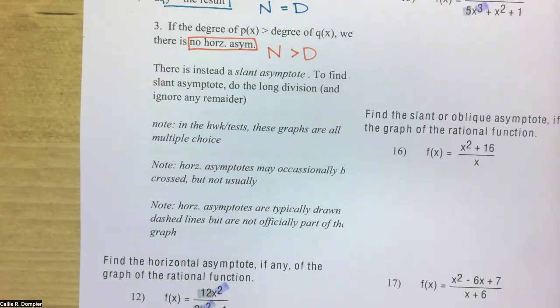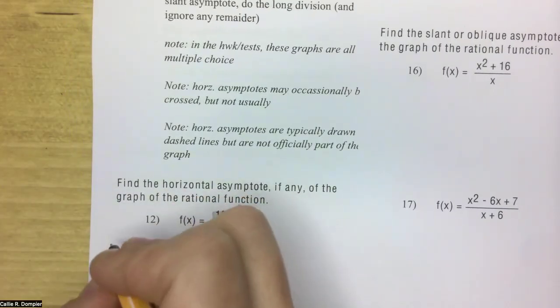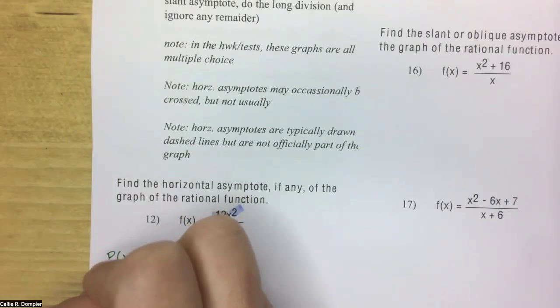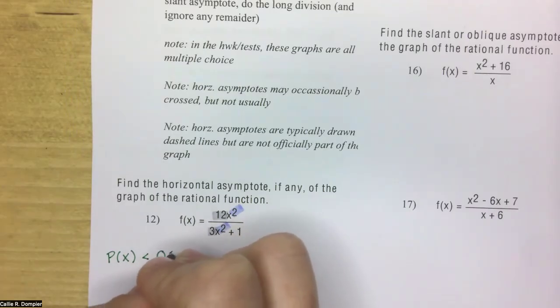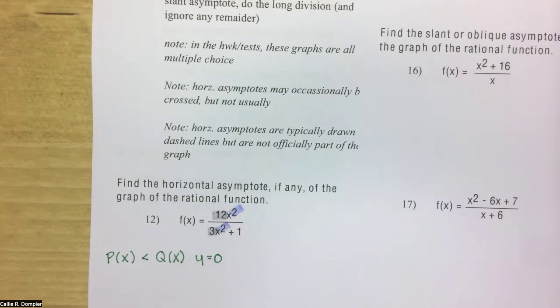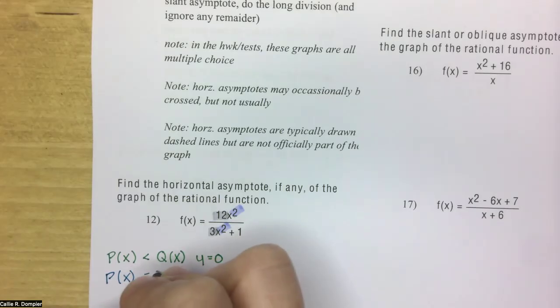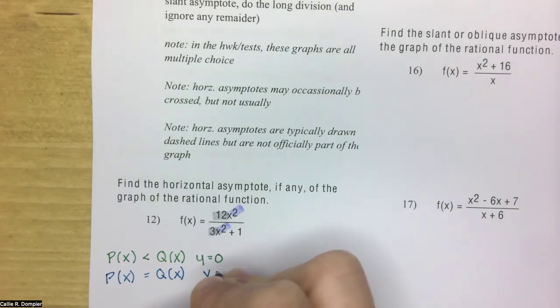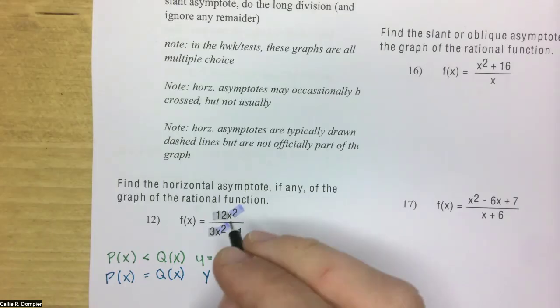Good? So remember the rule, I'll just write it all. If the degree of p of x, or the numerator, is less than the degree of q of x, or the denominator, then we say y equals 0 is the horizontal asymptote. If the degree of the numerator is exactly the same as the degree of the denominator, then we say y is at the ratio of the leading coefficients.